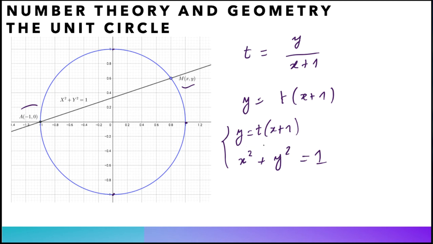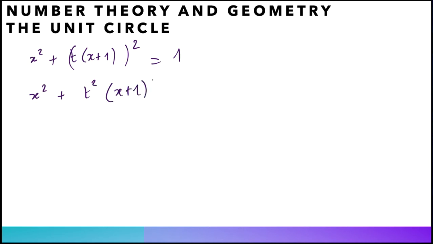By substituting the first equation in the second equation, one gets the following equation: x squared plus (t times (x plus 1)) all squared equals 1, which is equivalent to x squared plus t squared (x plus 1) all squared equals 1. And let me remind you that t here is a known quantity and we're looking for x.